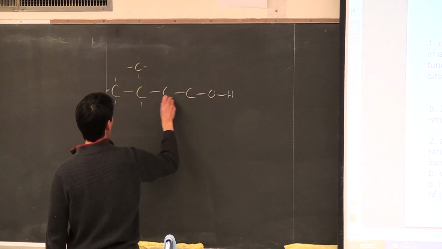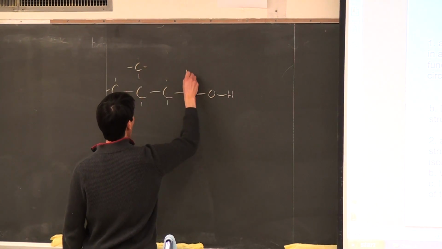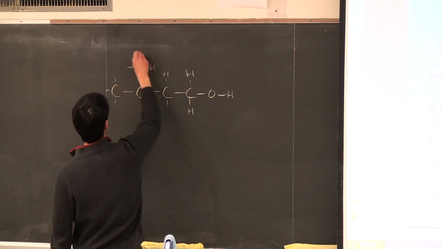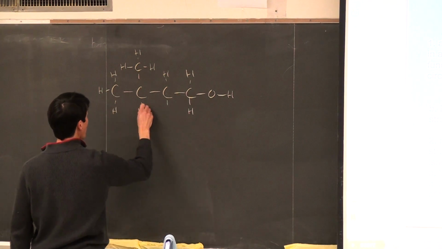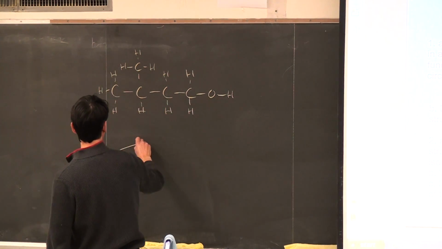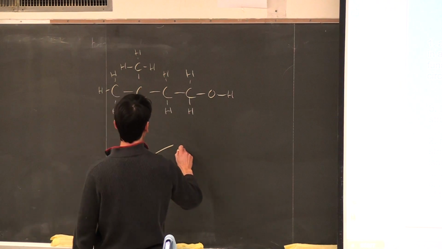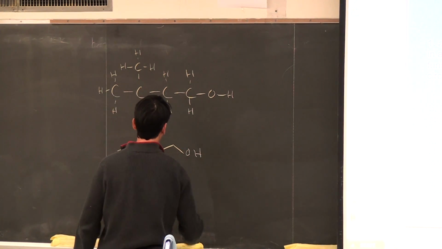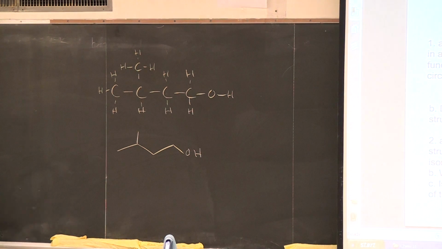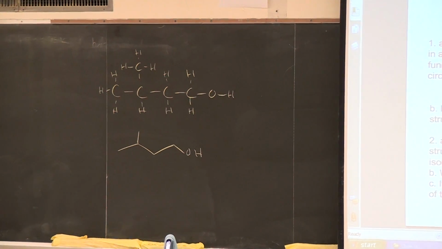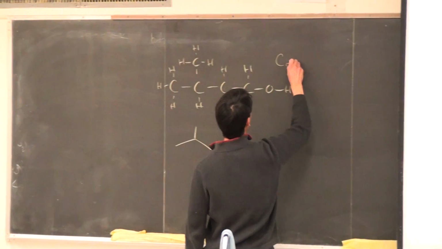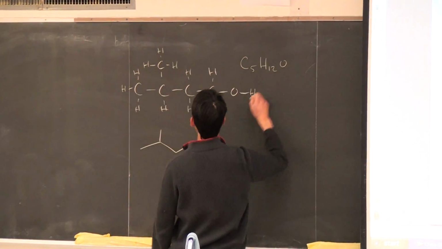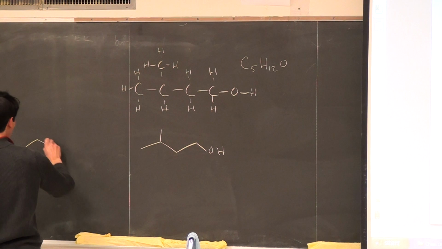Okay, so here's isoamyl alcohol. Okay, you can also draw the skeletal structure that looks like that. So what you want to do is draw an isomer of this compound. So note that this chemical formula is C5H12O. So one isomer could be this one.